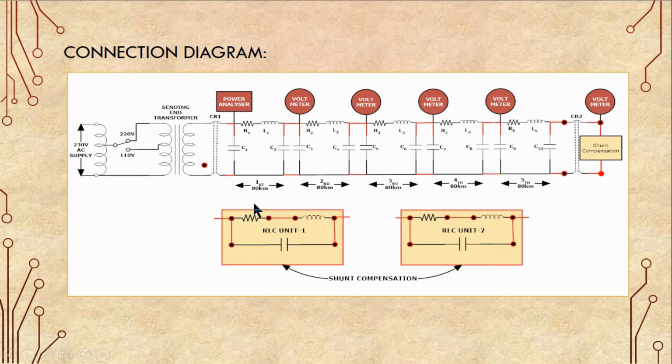So this RLC compensation circuit will be connected across this, and these two RLC units will be in parallel to provide more compensation to the transmission line. So let's go to the experiment table, and we will connect the circuit as per the circuit diagram.